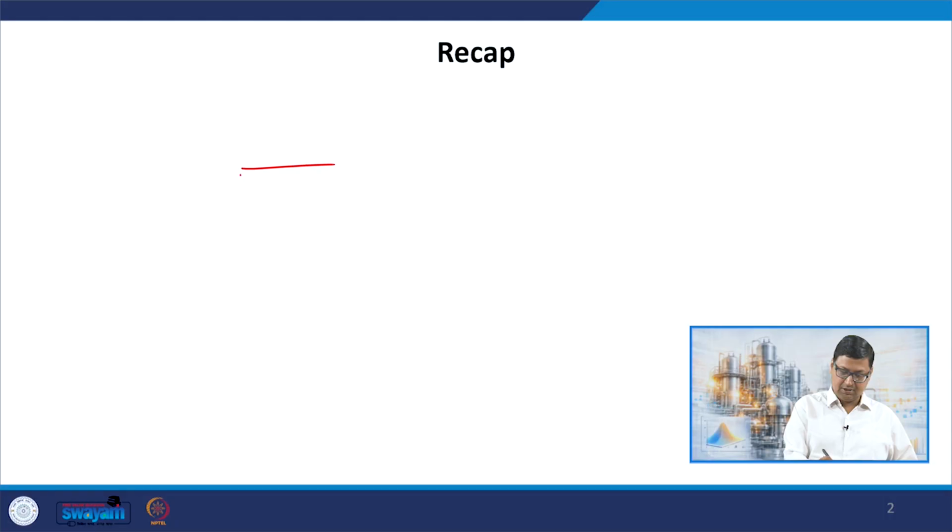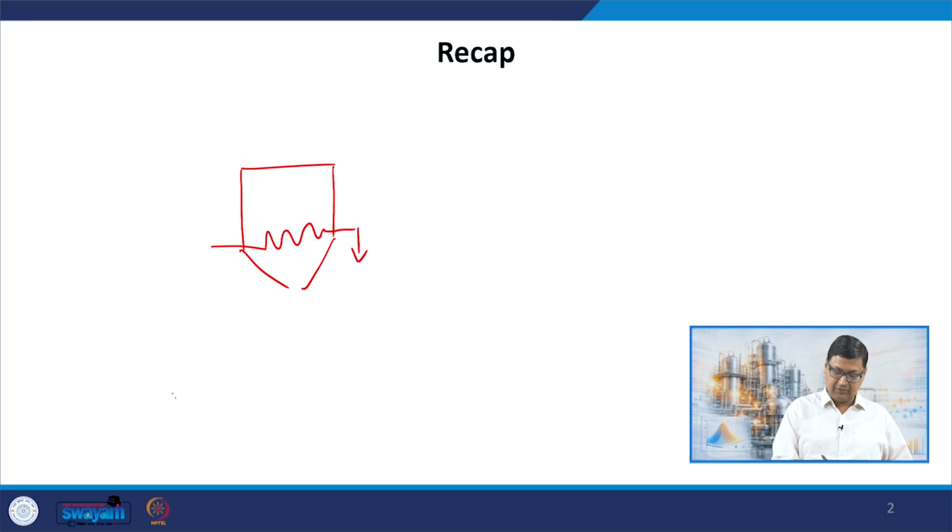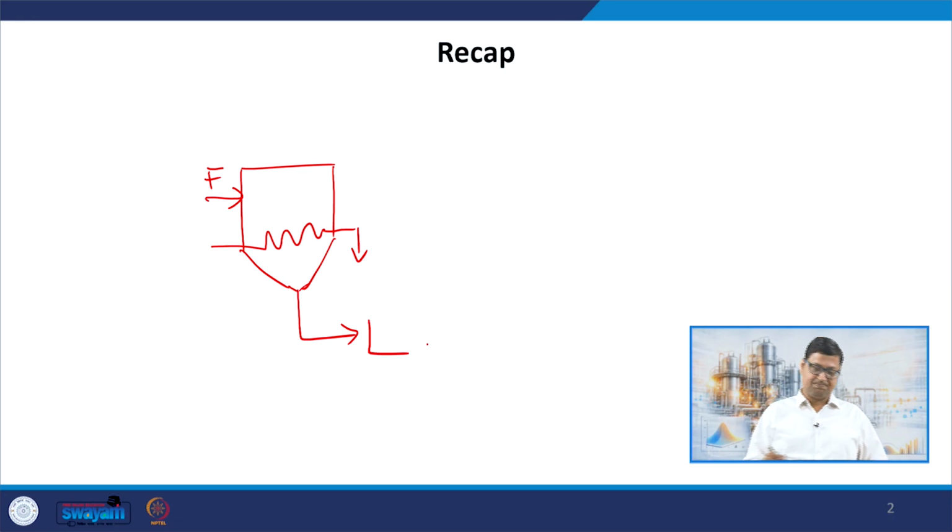So, just to quickly recap what we have done so far, we have discussed this evaporator where we have some feed that is converted into concentrated liquid coming from the bottom and a vapor going out from the top.